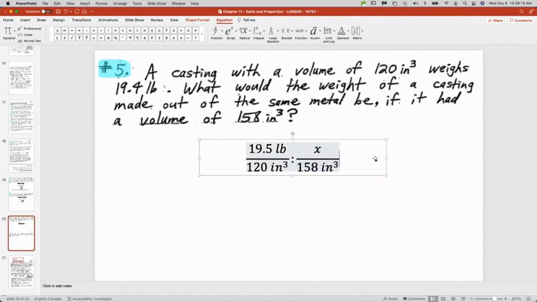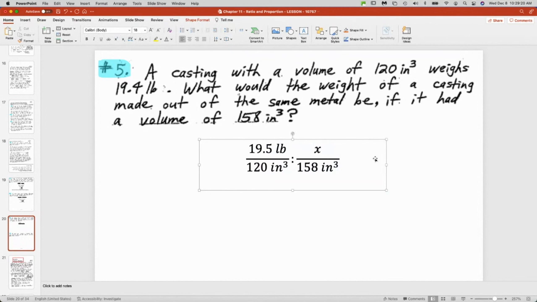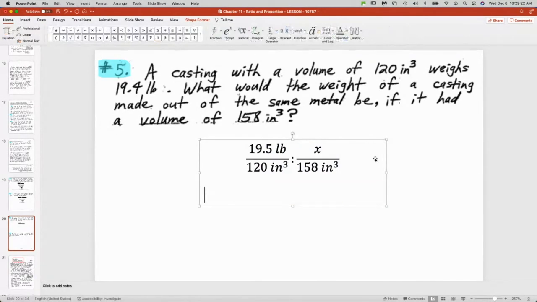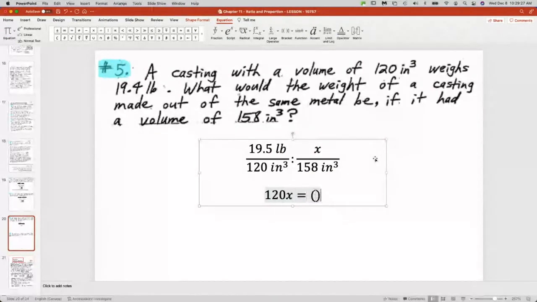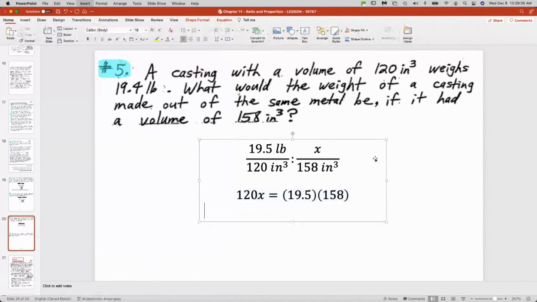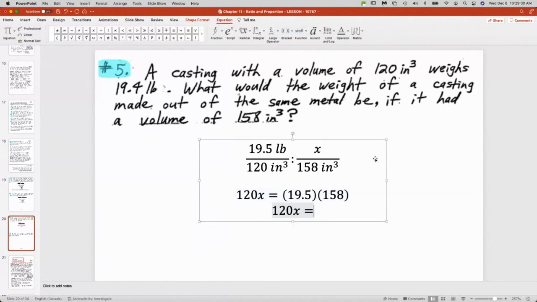So there you go. Let's cross multiply that, and also we'll just set aside the units because they are consistent now. We'll have your 19.5 by 158. I'm just doing these on my calculator with you, so hopefully you can double check these with me if I am consistent with you there. 3081.